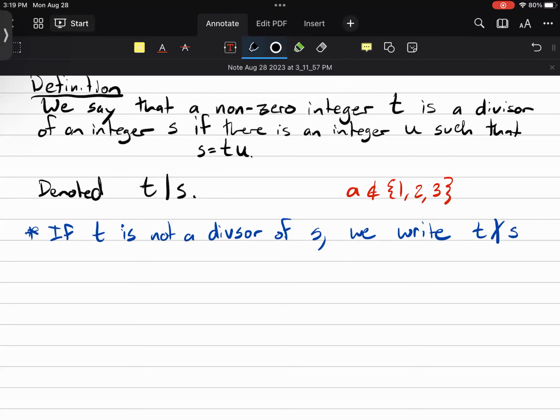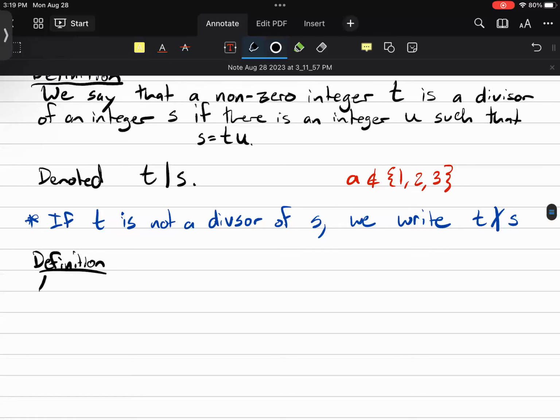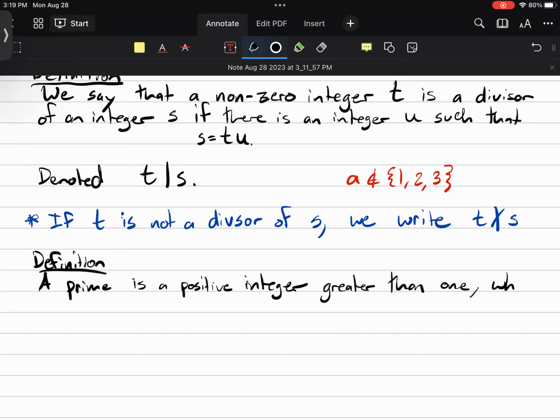We can also define prime numbers. So, for example, the definition of a prime is a positive integer greater than 1 whose only divisors are what?